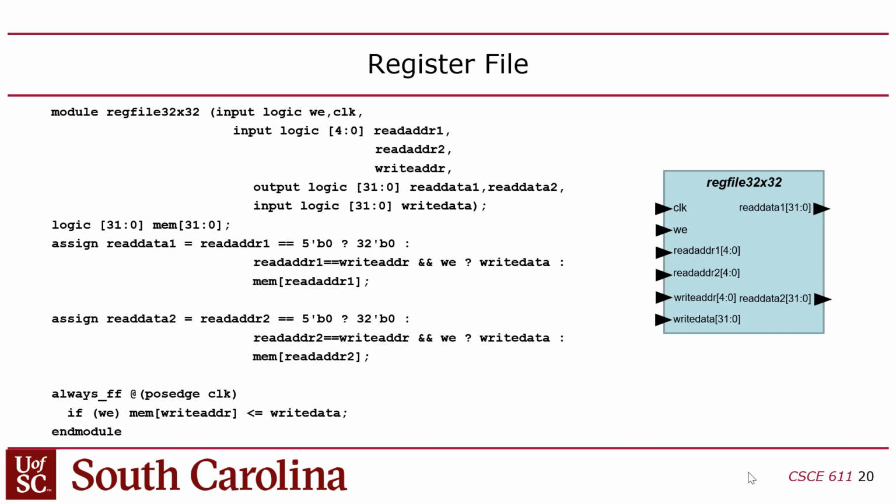Why? Because it takes a cycle to write, but if you're reading and writing at the same time, you can't afford to wait a cycle. So you have to take whatever's being written and shoehorn it out to the read data immediately, because you don't have that one cycle it normally takes to write, right? It takes one cycle to write, but 0 cycles to read. And therefore, because of that, we have to have this little hack in here, okay?